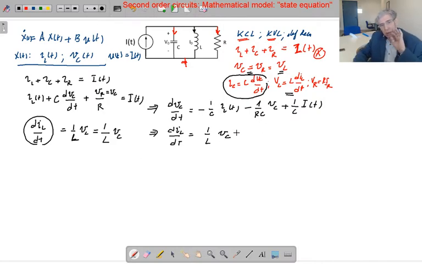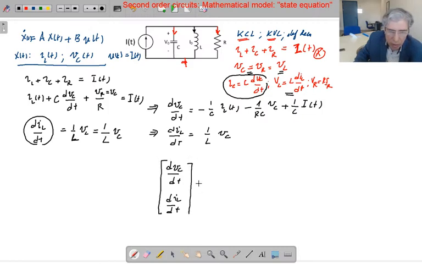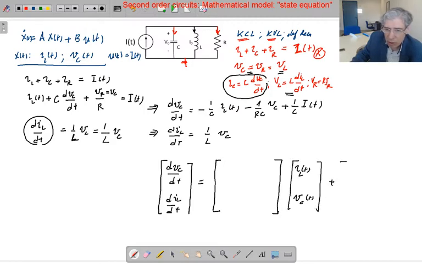Let me write these two differential equations in matrix form. So it's going to be dVC over dt, dIL over dt, equals a square matrix A, the dimension is going to be 2 times 2, times the column matrix VC(t), IL(t), plus the column matrix B times i(t).